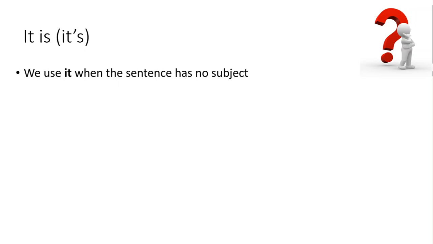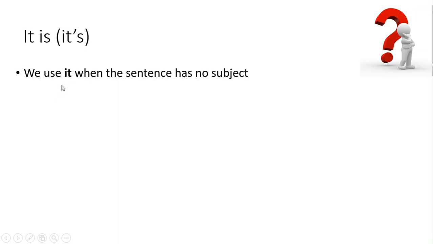But as you may know, all sentences in English must have a subject. However, sometimes no subject is immediately apparent. Or it is more convenient to use just one word. In this situation, we use the word it, right?